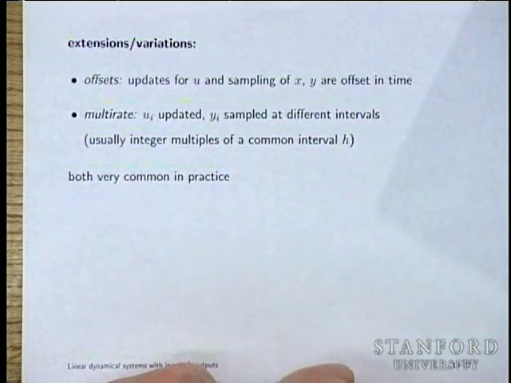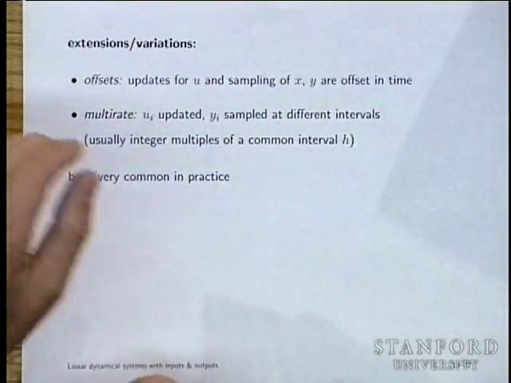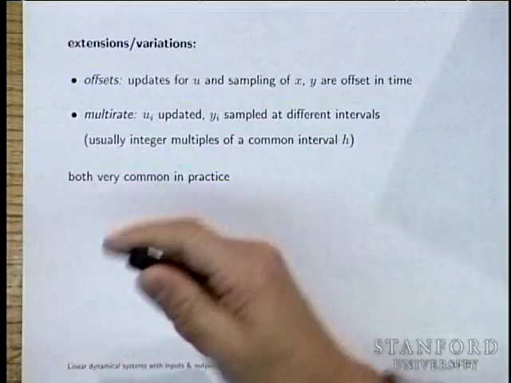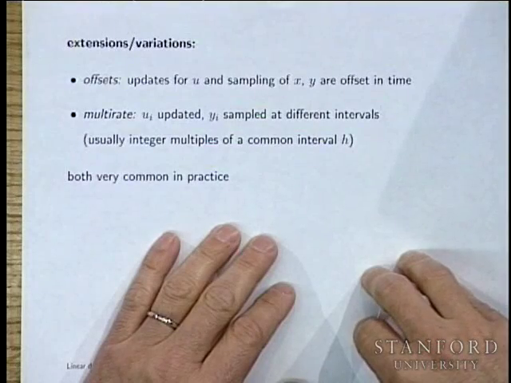Your navigation update might be running at 10 hertz. Your radar altimeter might be running at 2 hertz and all this kind of stuff. And it's just with a lot of horrible exponentials flying around. It's not fun, but somebody has to do it. And I claim in principle you could.